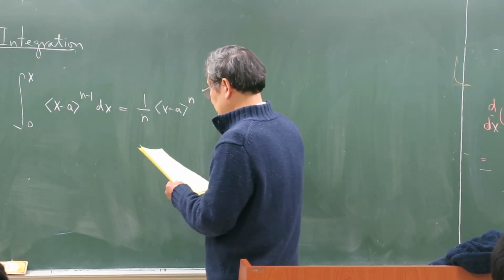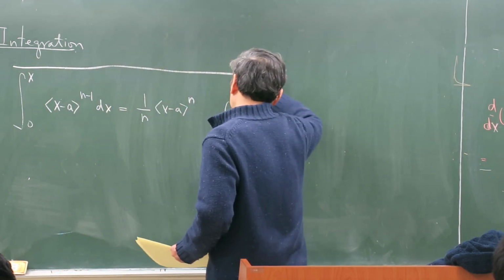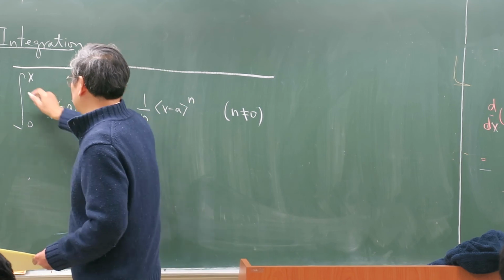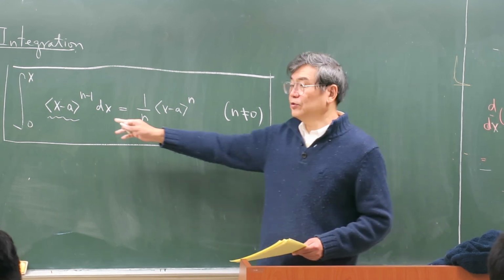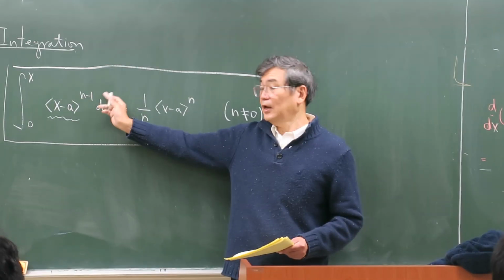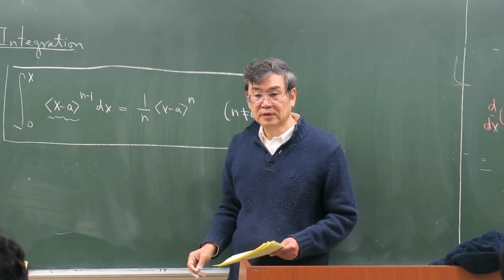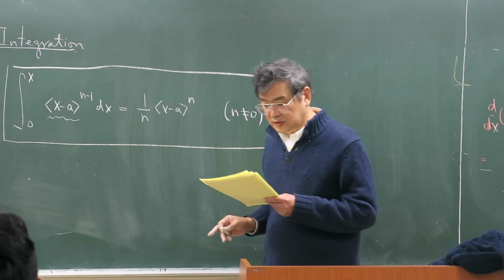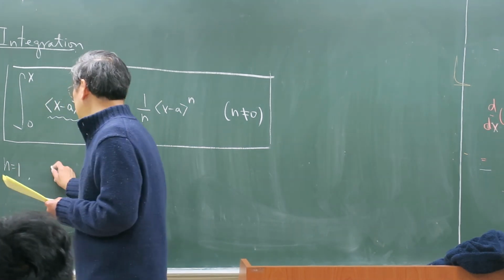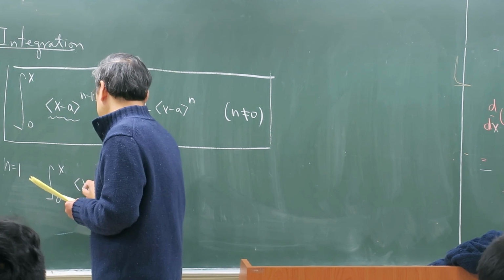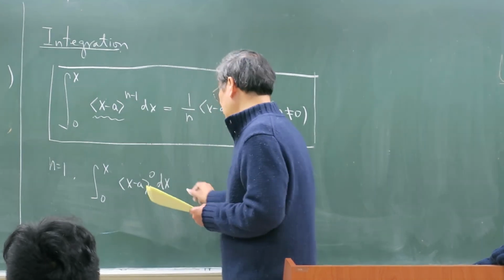Okay, and this is for n not equal to 0. This is another formula. When you do integration of these terms, it's just like ordinary integration: plus 1 and divided by the plus 1. That's for n not equal to 0. So let's see what we have for n equal to 1: the integral of (x − a)^0 dx.